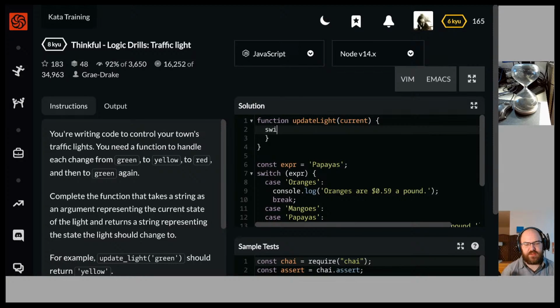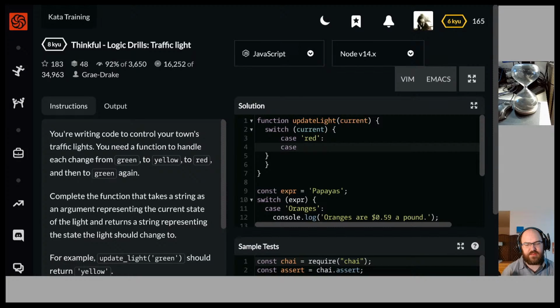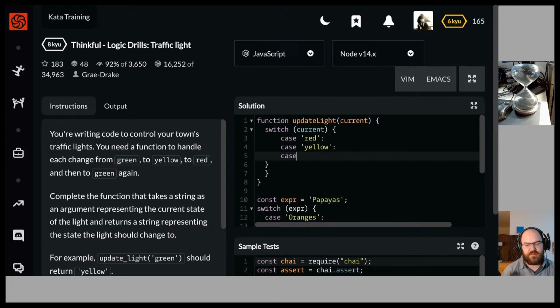We can say switch, oops, switch current, haha. Case, we'll have a case red. We'll have a case yellow. We'll have a case green.